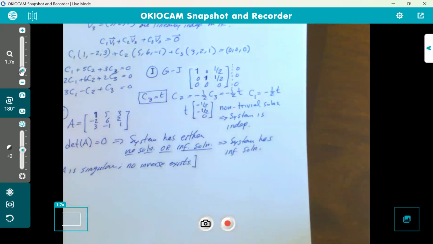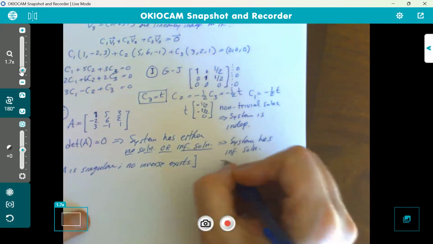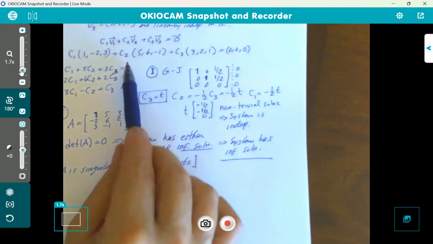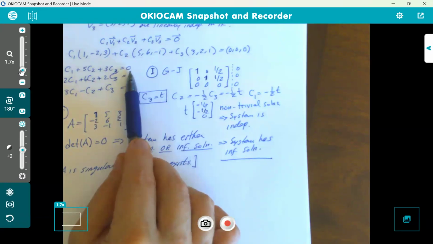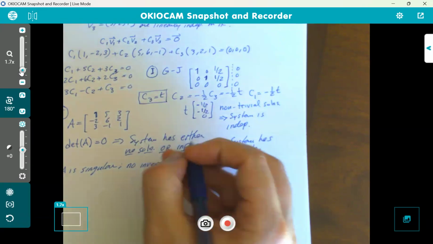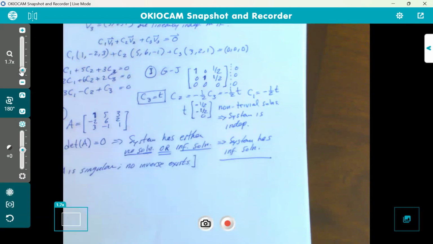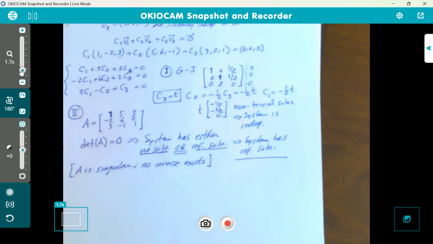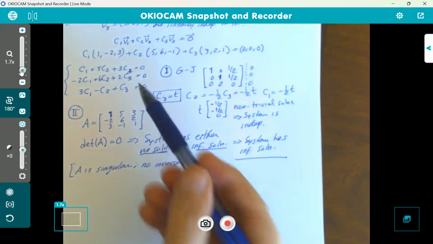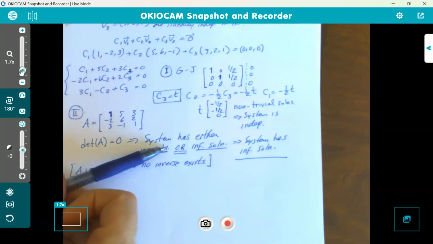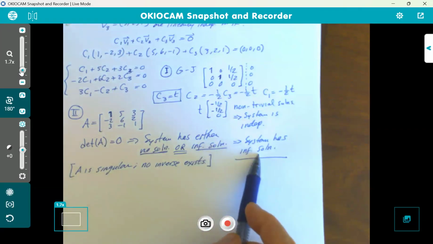So only for a homogeneous system can I establish what I just did, because this is a homogeneous system. So it does have a solution. Remember, this is one or the other. So in the case of a homogeneous system, no solution is ruled out. We go with infinite solutions.